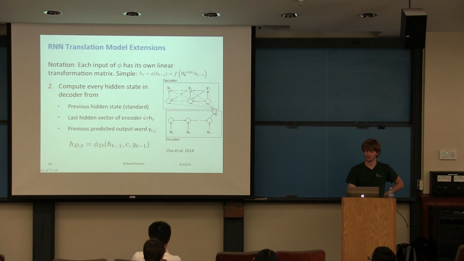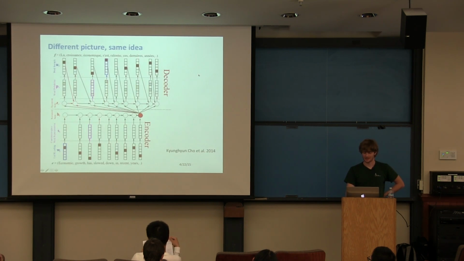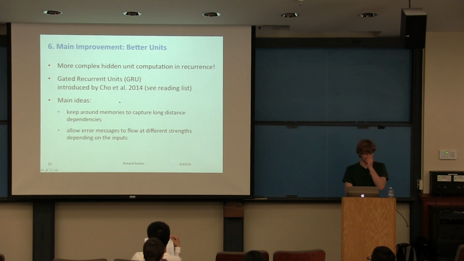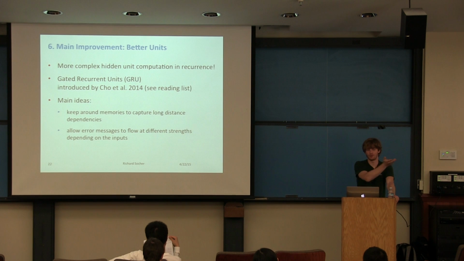At every step you will make a huge change to H, and that change depends on all the other elements of H. So instead of doing that, these gated recurrent units allow you to keep some elements of your H somewhat constant so you can carry over long distance kinds of information. And those two go hand in hand, which will then allow you to have error messages flowing at different strengths. Sometimes your error message changes entirely what each unit does in your hidden state, and other times it will basically just go through the network to maybe even 50 time steps away.